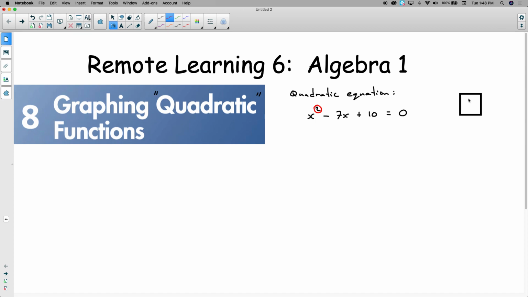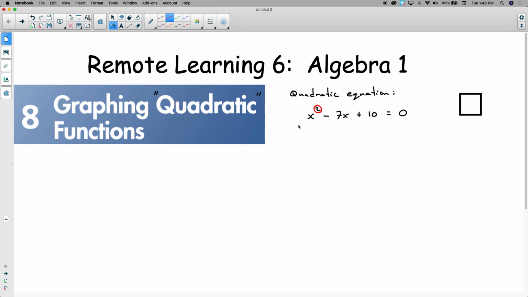What you need to realize is that a quadratic equation is an equation where the highest power is squared. So a quadratic equation can have all three of these pieces. It could be missing this or missing that, or missing this one and having that one, but it has to have the x squared for it to be a quadratic equation.